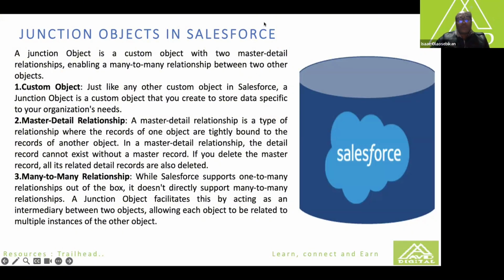A junction object is a custom object with two master detail relationships. When we were building our custom object core project, we established a relationship between the custom object project and our accounts. We gave it a master detail relationship.